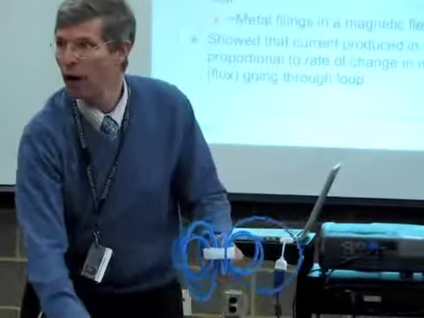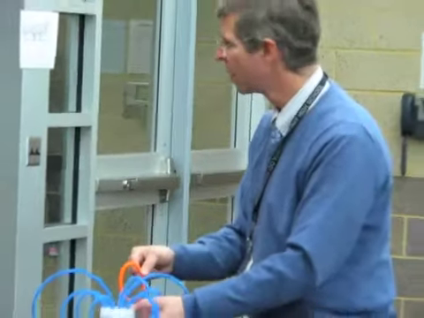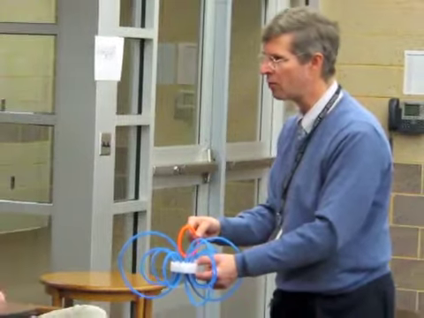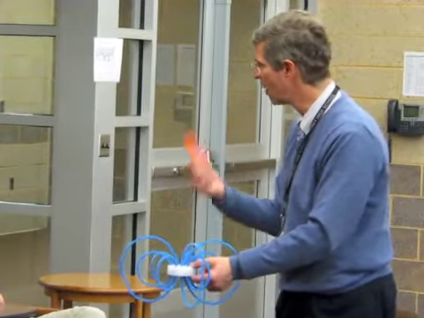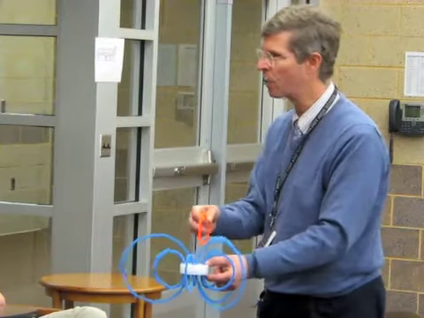For instance, if you took a loop of wire and moved it in like this, you're not really cutting any of the magnetic field lines. So you wouldn't be generating any current on this loop. It would just go in and nothing would happen.